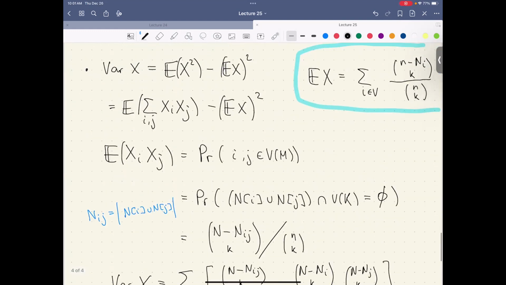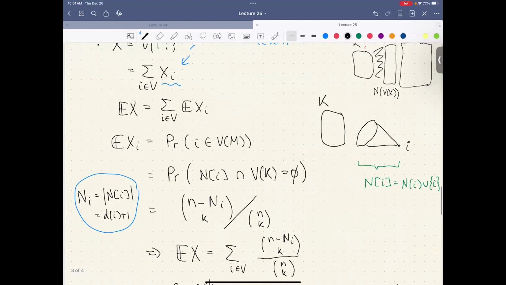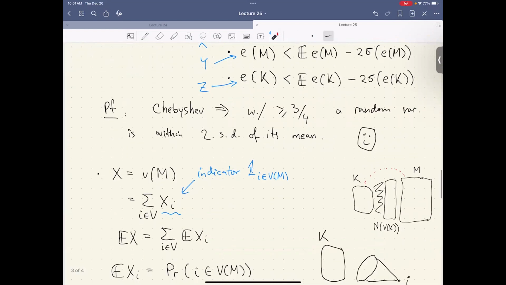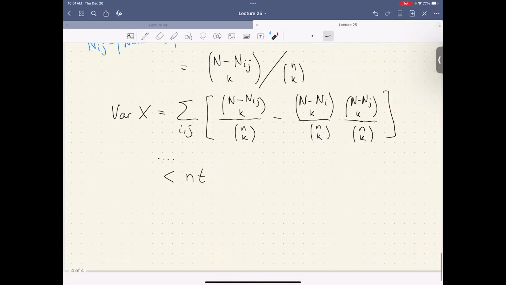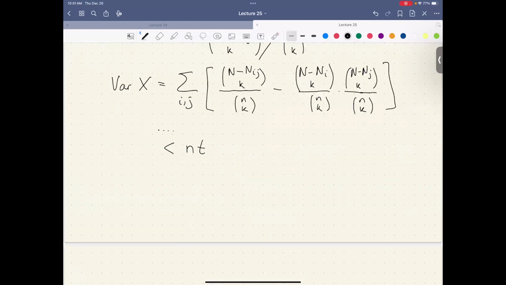Now let's move on to the second random variable, y, which is the number of edges induced by the remaining graph. So how do we write random variable y? This is not very hard.